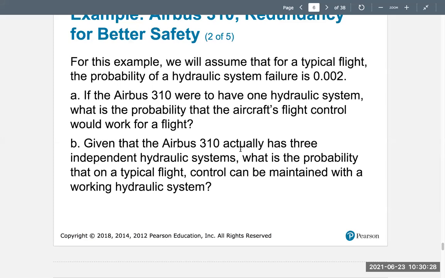So let's say in 3 different flights. That would be the first one working and the second one working and the third one working. So the word and means multiplication.